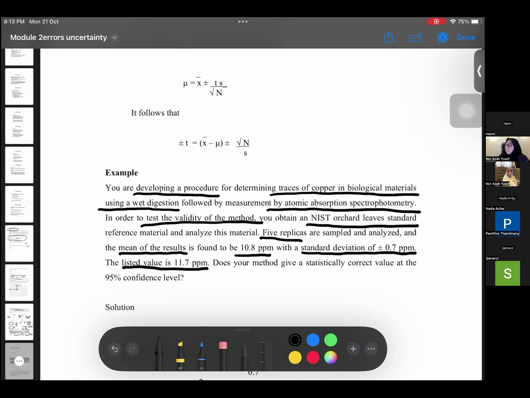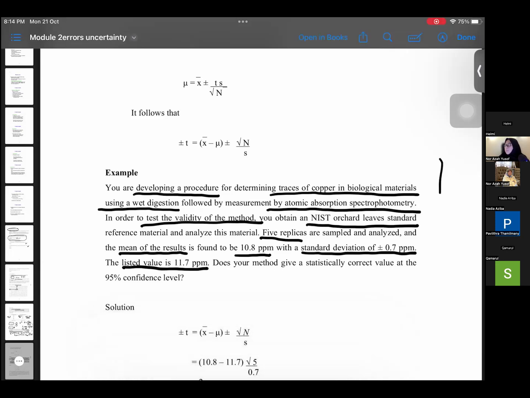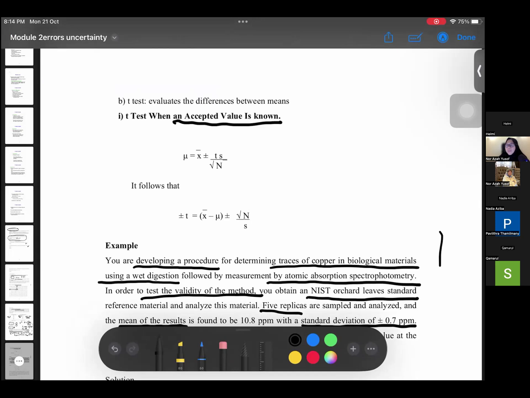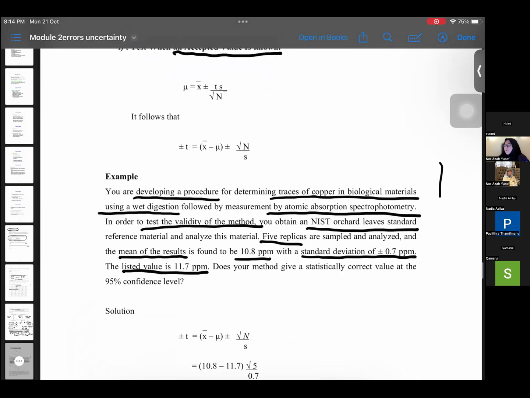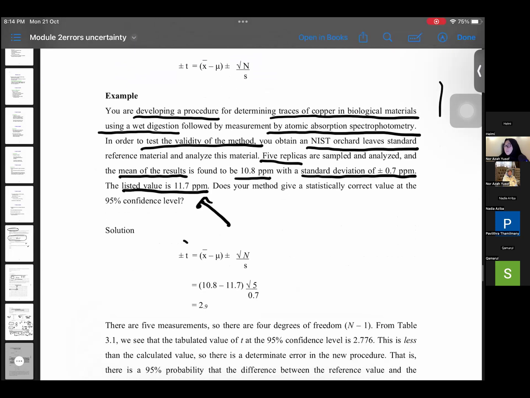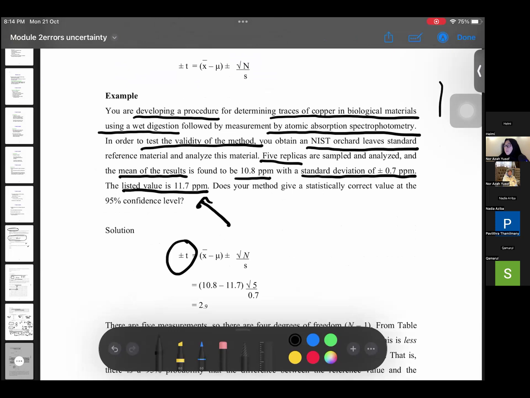So that's why we are based on the true value here. T-test when an accepted value is known. Not all the time you have this, but in this case you have the true value, which is 11.7. So this is the formula of t. X bar is the mean, mu is the true value, the listed value.